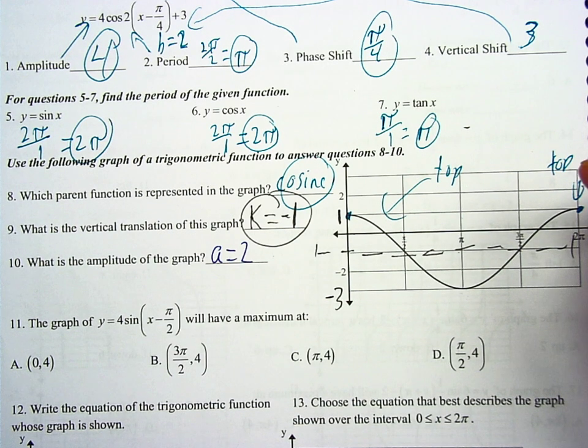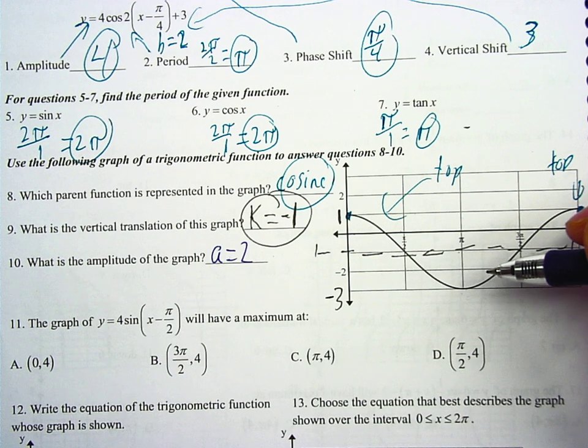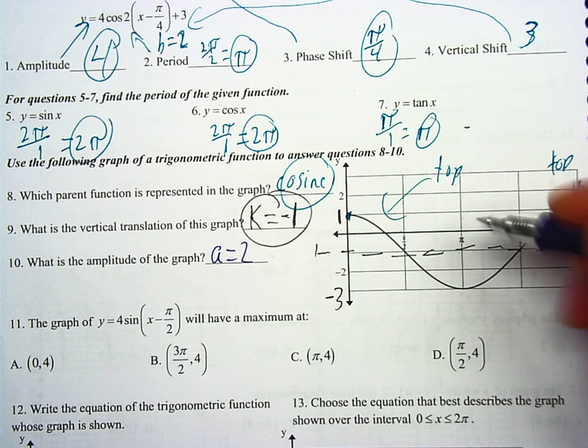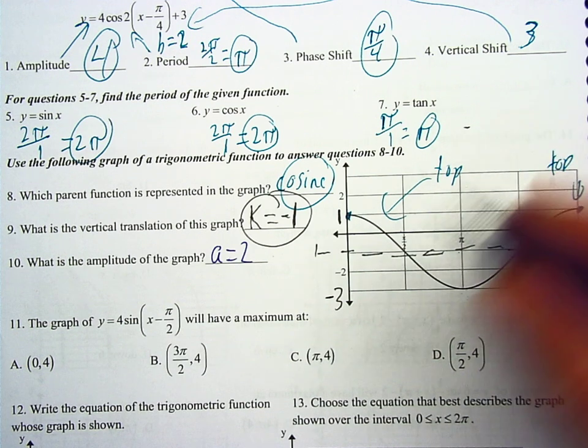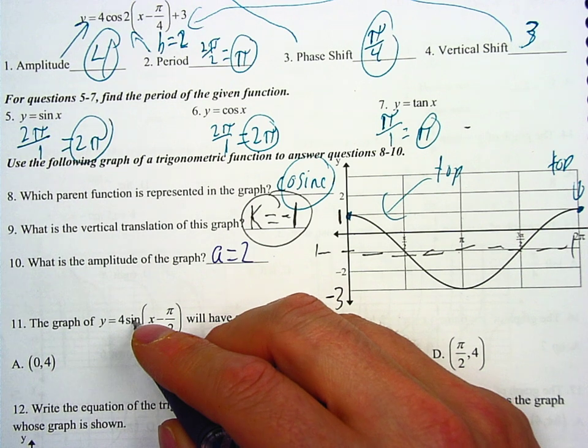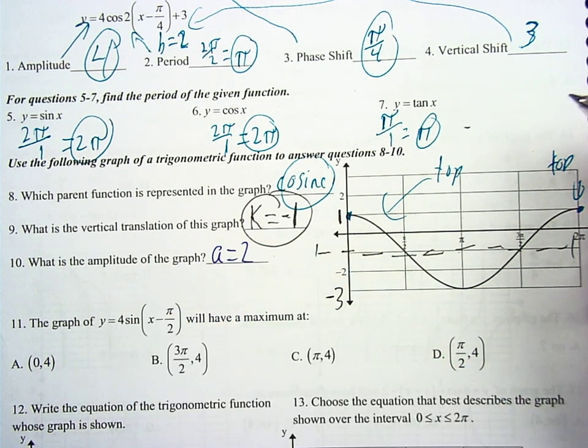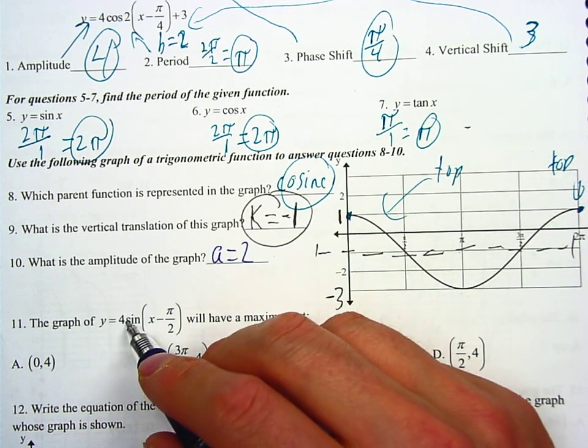The graph of y equals 4 sine of x minus pi over 2 will have a maximum at. Here I'm asking for not only the y value, but the x value as well. So let's concern ourselves with the y value first. Since it's a sine function, the maximum y value will be at the coordinates of this amplitude.